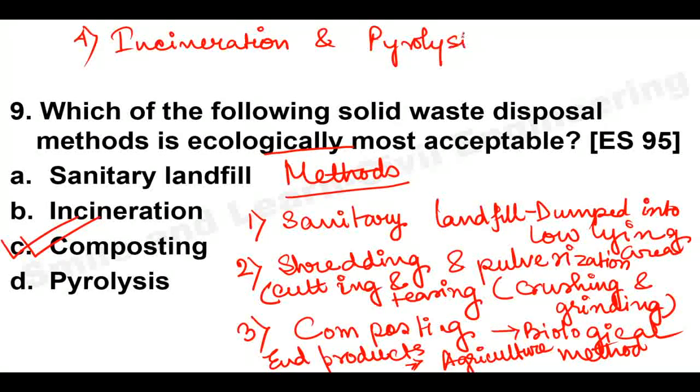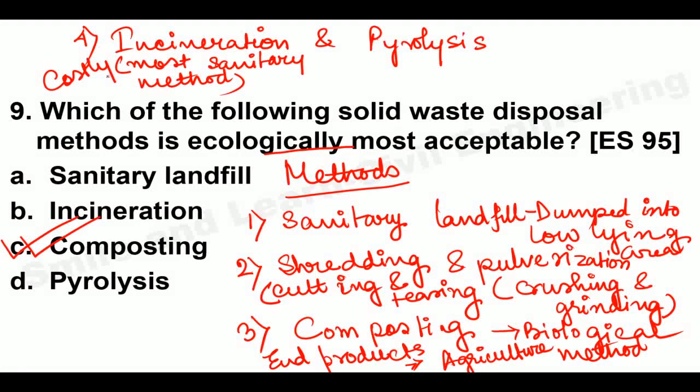Now, incineration is the most efficient, or you can say the most sanitary method. One common question is asked regarding this: it is the most sanitary method, but it is very costly. Burning is done in the case of incineration, and burning in the absence of oxygen is pyrolysis.